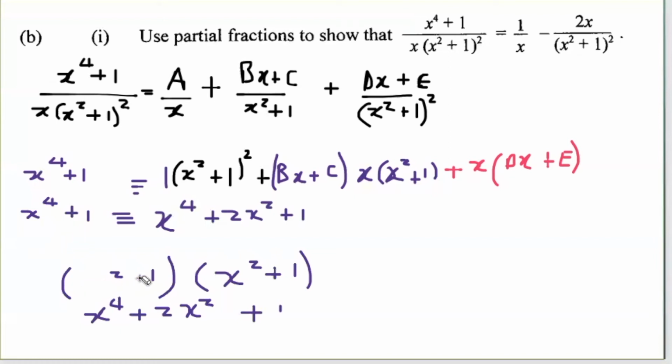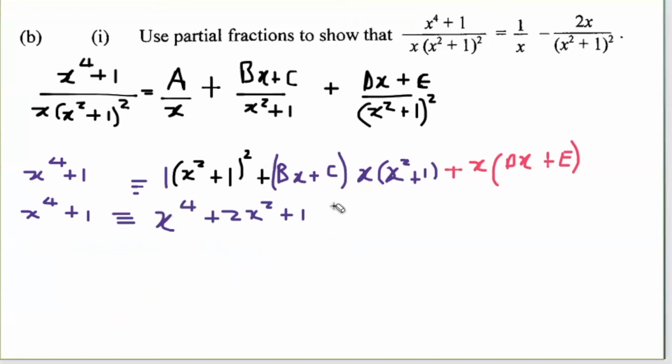Now, to simplify the next part, we are going to multiply 3 items. We have 3 expressions that need to be multiplied. So here, x times (x squared plus 1): x times x squared, that's x cubed, and then x times 1, that's x. Then this will be multiplied with the next bracket, so bx times x cubed is bx to the 4th, and bx times x is bx squared.